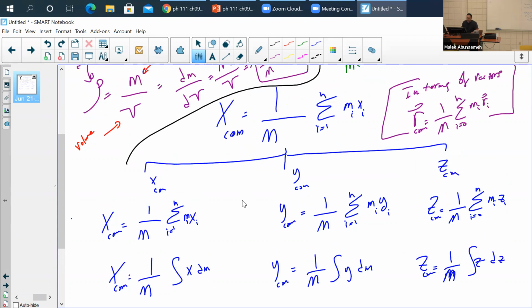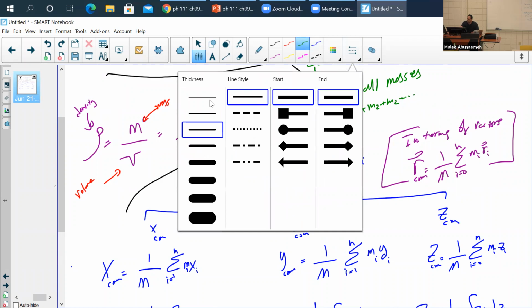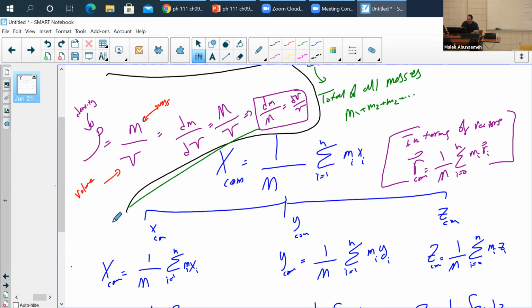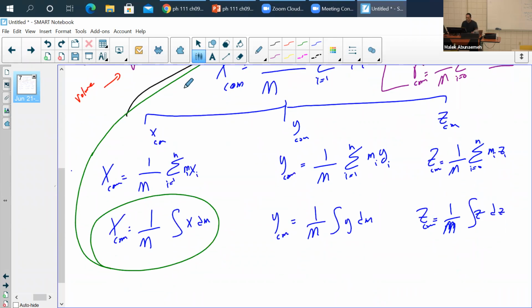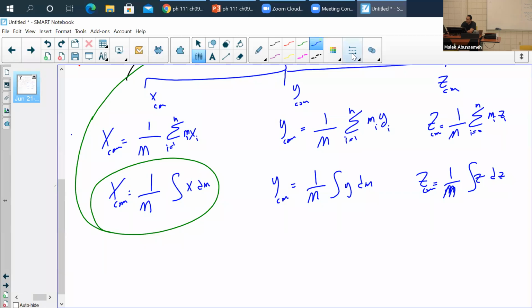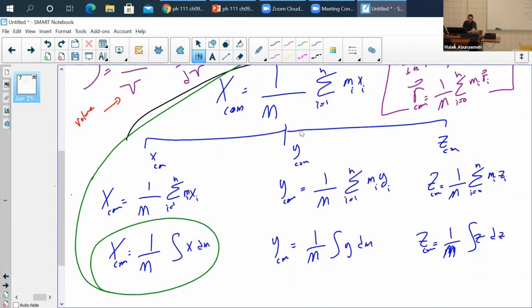Now, taking this one that we just derived, dm over M, let's just go ahead and plug it right over there. So that means, again, your dm over M is going to equal dV over V, and V is your volume.